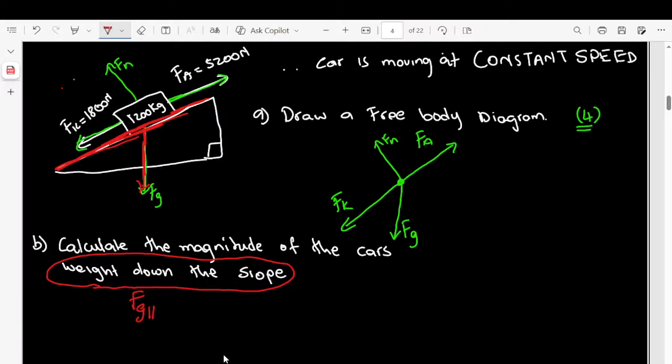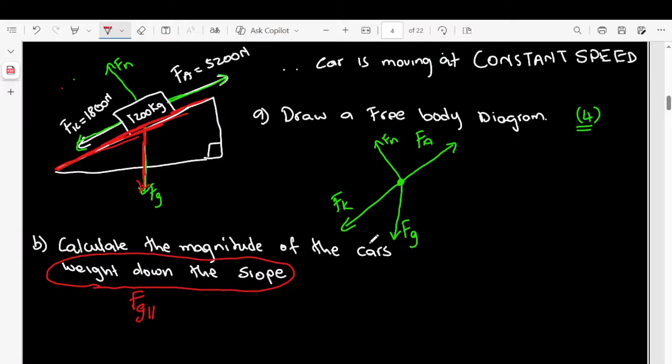So now, what is the formula for FG parallel? One thing I need from you guys: as a physics learner, this is how you should think and how you need to answer questions. When they want you to calculate a certain force, you need to ask yourself, is this force a horizontal force or a vertical force?